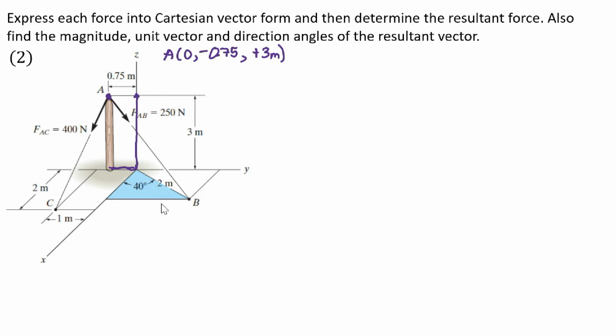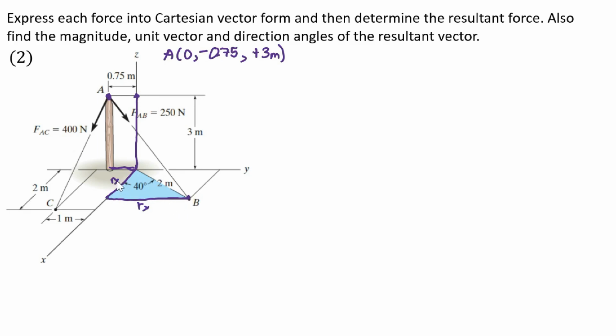For point B, we will determine the dimension of this. This is what we call the X of B, that is Rx. This one is along Y, so that is Ry, and we have no Z component because this point has no distance going up or going down from the origin.